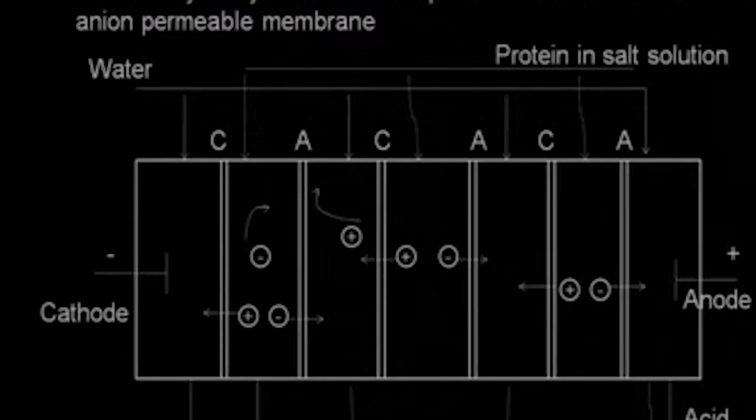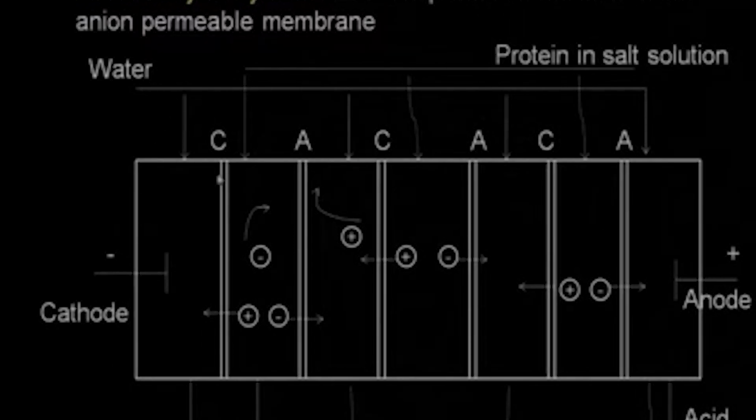Now let us go to something called electrodialysis. Electrodialysis, as the name implies, electro, we apply a very large potential difference. When you apply a large potential difference, cations will go to the cathode, anions go to the anode, and they get separated out because of the large electric field.